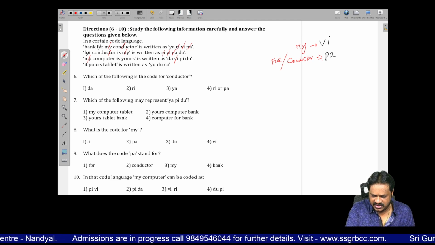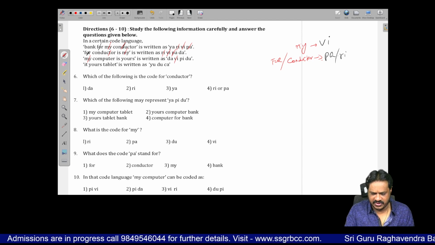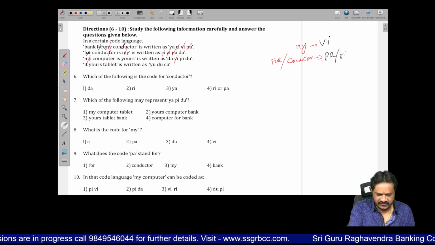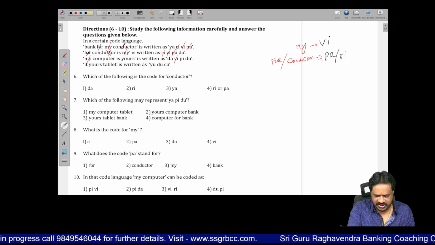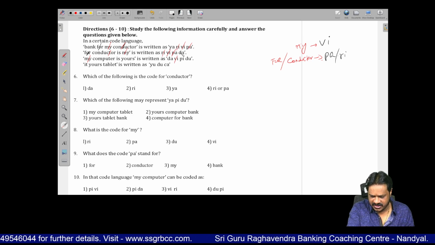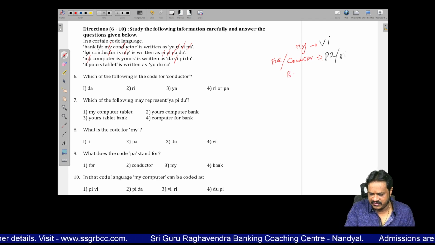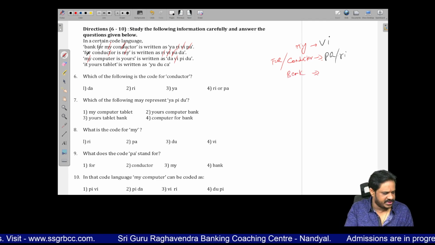RI. PA or RI, because you can see two words. For is common, conductor is common. So we can see RI PA. Then what is the code for bank? YA. Bank code will definitely be YA.